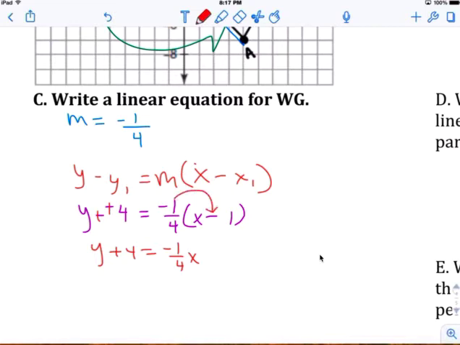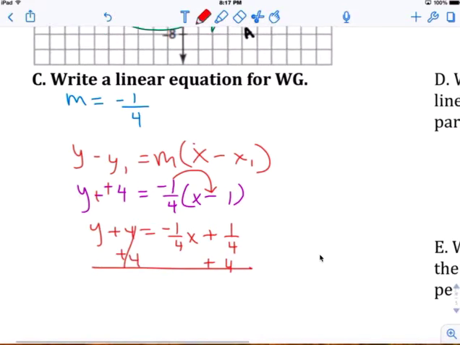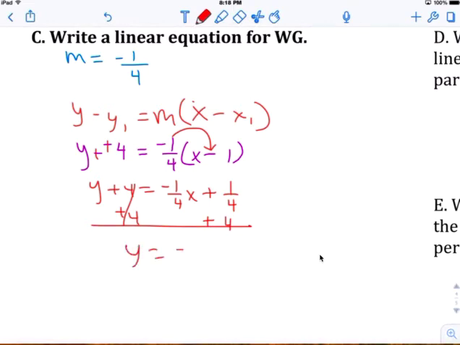Distribute that. Negative times negative is a positive 1 over 4. Add 4, add 4. So here y equals negative 1 over 4 x plus 4 and 1 fourth. Well, 1/4 is 0.25. You should know that one.